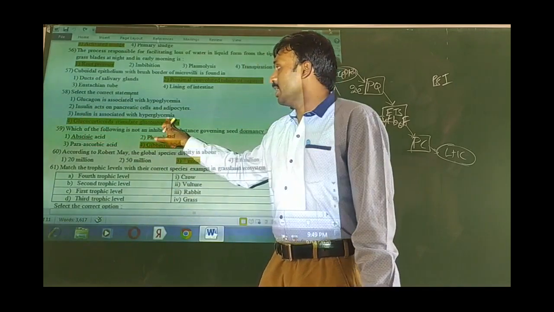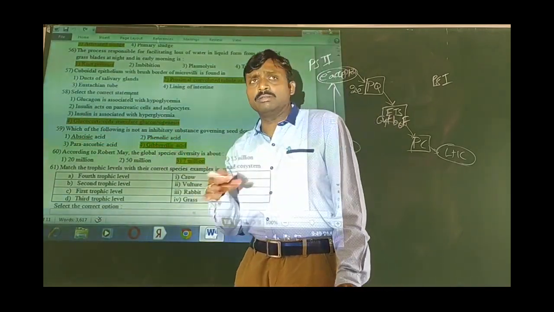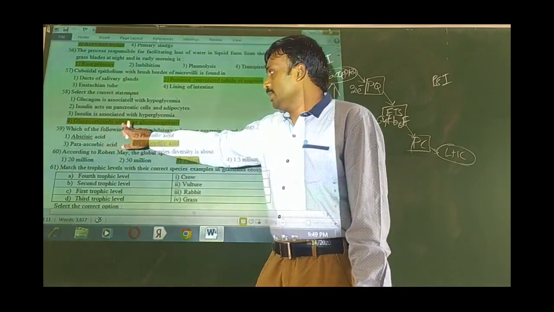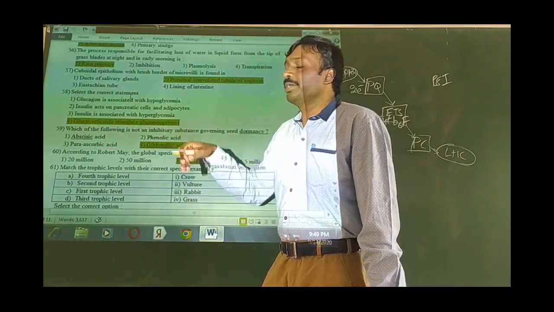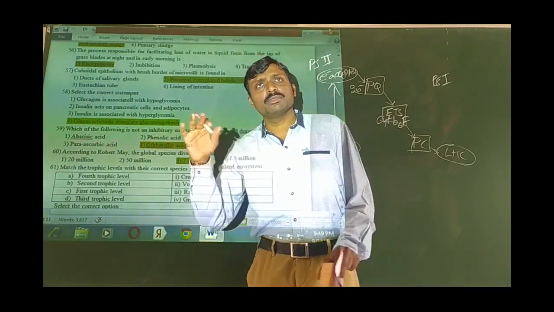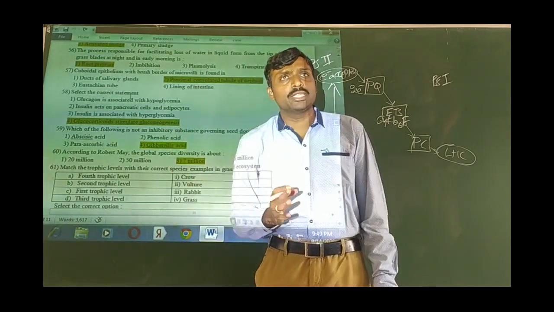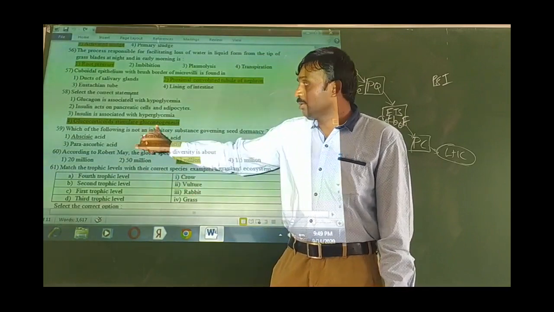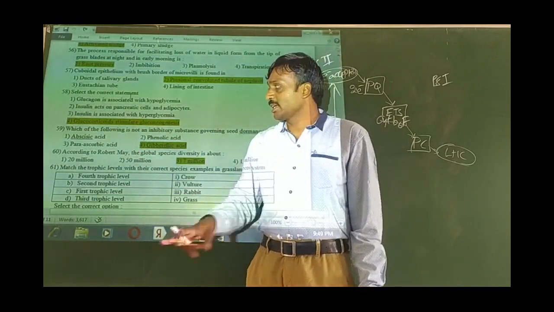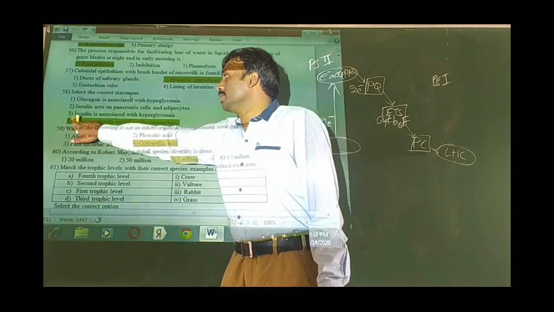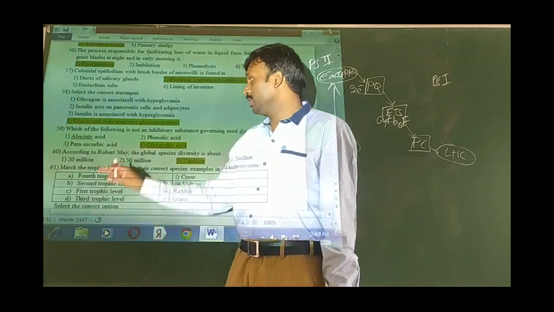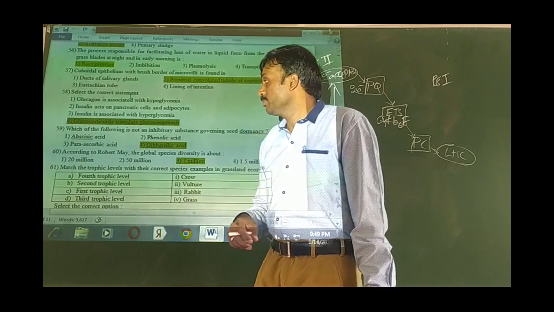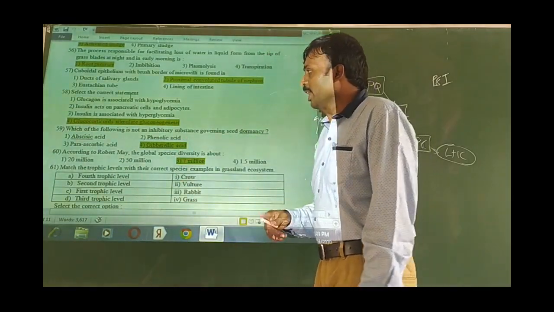Then insulin is associated with hyperglycemia. No, this is also not a correct statement. Glucocorticoids stimulate gluconeogenesis. The question is from your excretion chapter from first year syllabus. If you go through what gluconeogenesis exactly is, there you will come across glucocorticoids, which stimulate the process, namely gluconeogenesis.